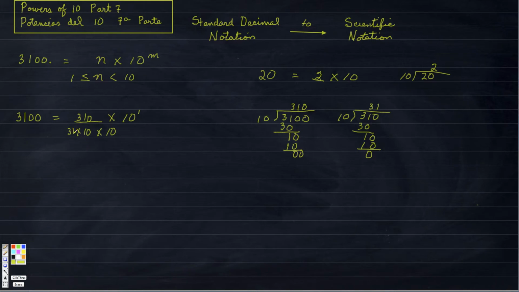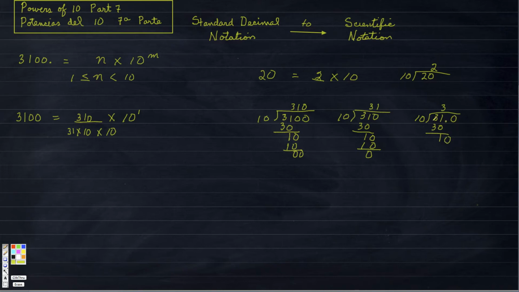Okay, but my 31 is still too big. It still doesn't fit within this range. So I will divide it by 10 again. Now I take 31 and divide it by 10. It goes into 31 3 times. 3 times 10 is 30. And this time I have a remainder of 1. So I will put a decimal point and add a 0.